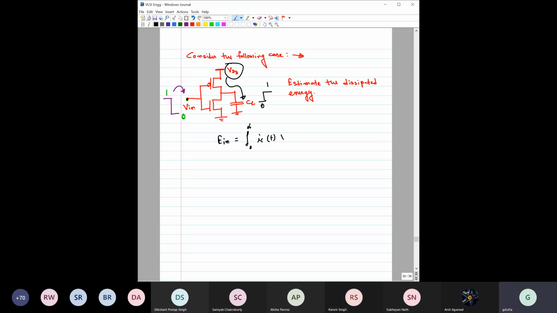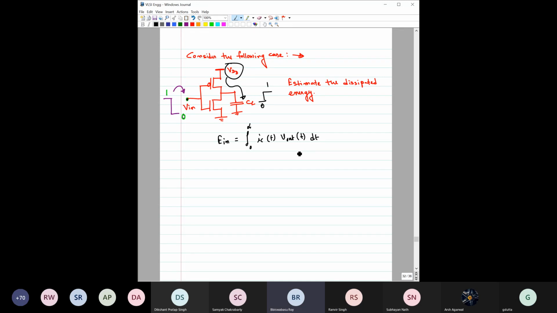Then can I simply write it like this? Can I write it like this? Yes, sir. ID. It should be VDD.